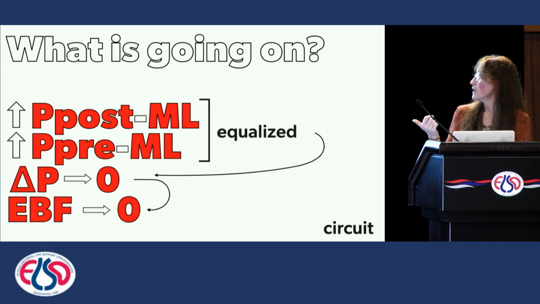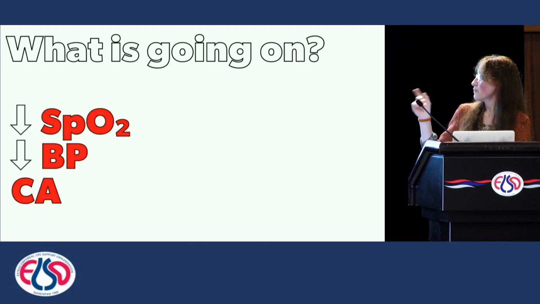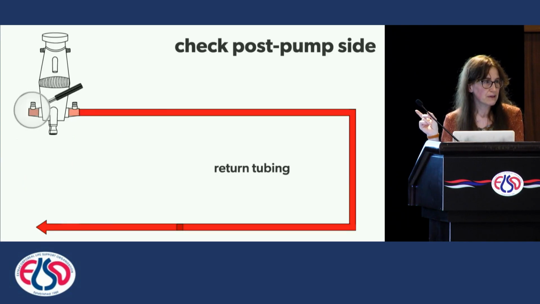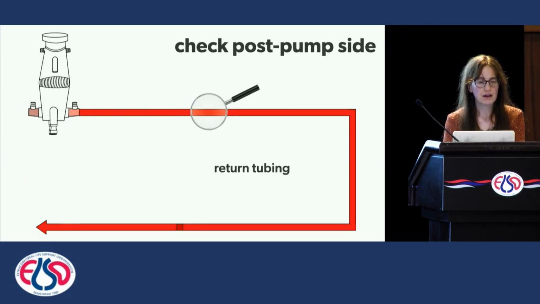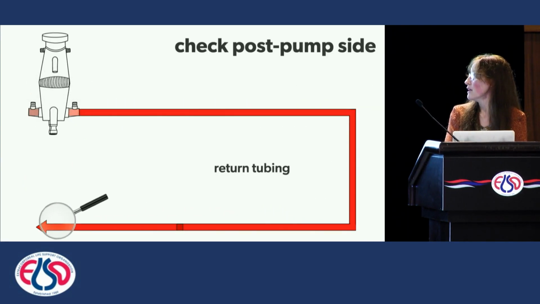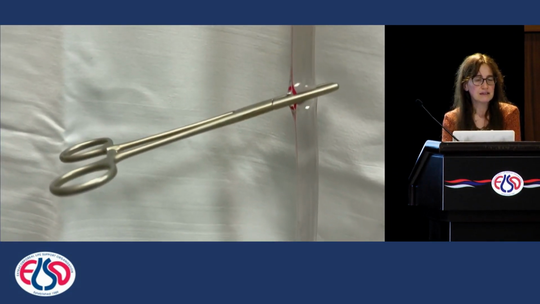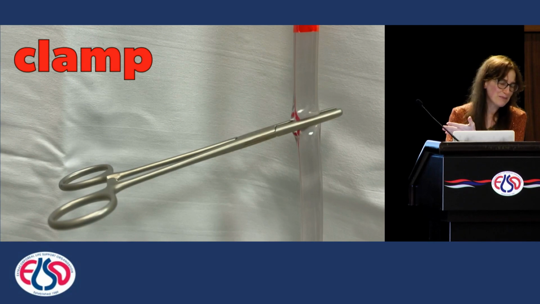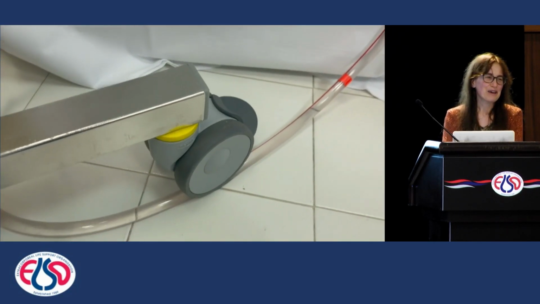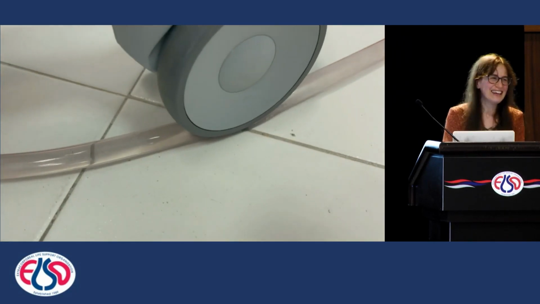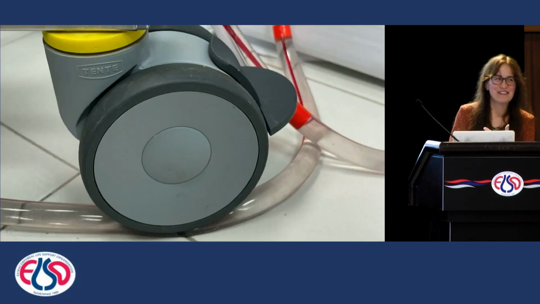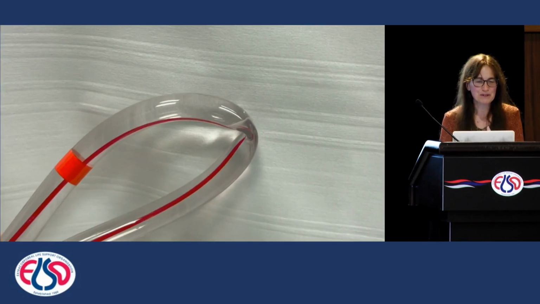But they are also going to understand what could happen to the patient. If you have a return obstruction, you need to check the return line of your circuit because maybe it is something really easy, like a clamp or a compression. It's really basic, but most of the time you have a simple solution for your problem.